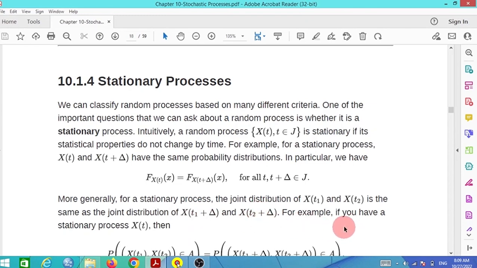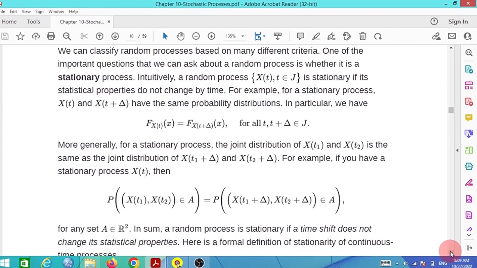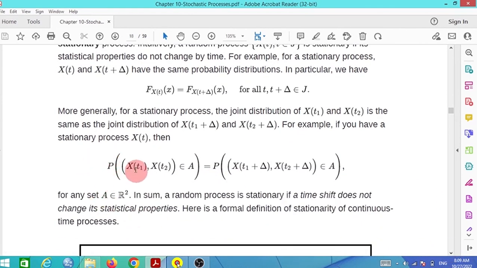For example, if you have a stationary process X_t, the probability of X_t1 and X_t2 belonging to A, where A is a set in R^2, equals the probability of X_{t1+delta} and X_{t2+delta} belonging to A.